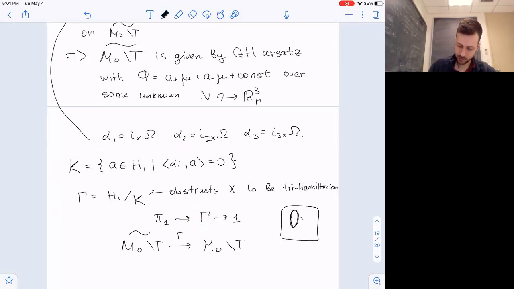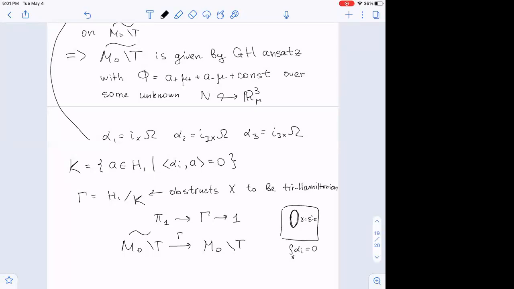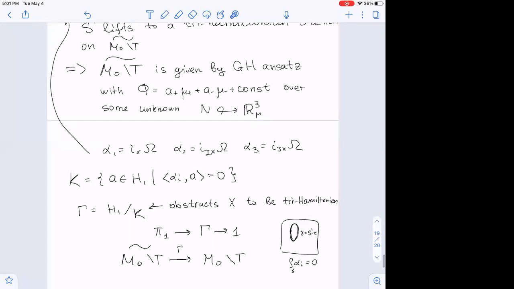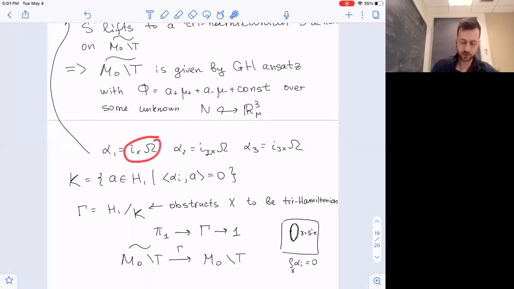So if this is an orbit of S1 acting on some point x, then the integral over it of any alpha I is 0. Yeah, I'm satisfied from your explanation. So yeah, the real reason is that all these forms integrate to 0 over the orbits of the S1 action, so the S1 action doesn't disconnect.